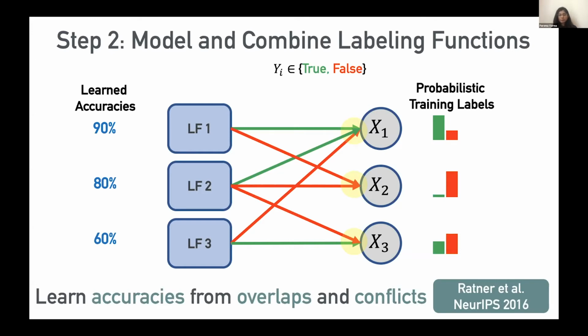The really important point and the really cool aspect of this algorithm as a whole is the fact that you don't need any ground truth label data to be able to use this algorithm. So it's not like you have to label 100 data points, write some rules, and then run this algorithm. Even if you don't have any data points with ground truth labels, the algorithm is actually able to just learn how accurate these rules are using the agreements and disagreements between them.